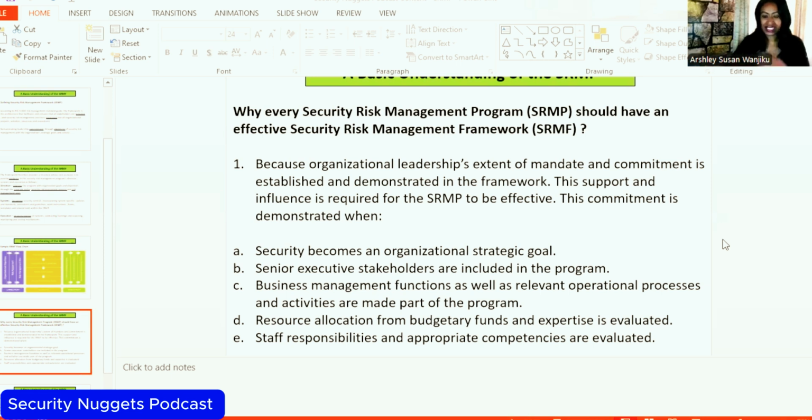They're actually seeing security as a function that enables their organization to build onto their resilience. They are seeing security as a function that plays a very vital role towards the organization's business continuity, all right?